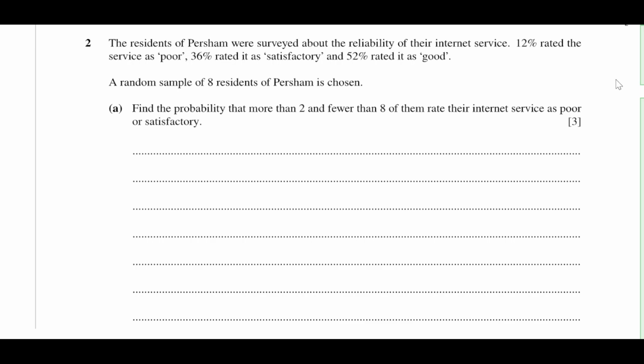A random sample of 8 residents of Parsham is chosen. Find the probability that more than 2 and fewer than 8 of them rate their internet service as poor or satisfactory. Okay, read the question once again and try it yourself first, and then we will see together.